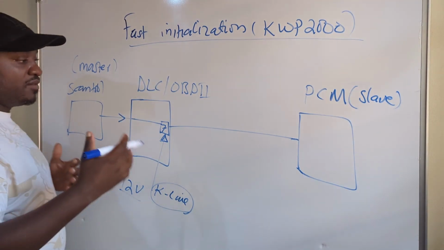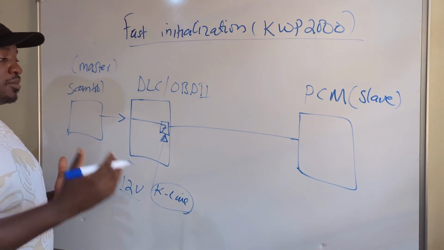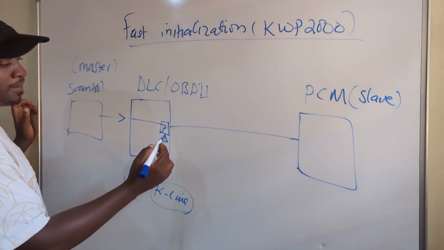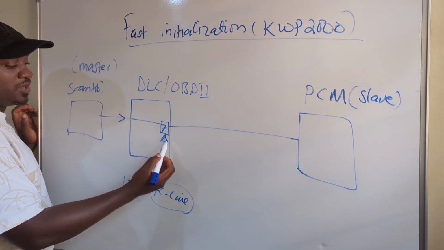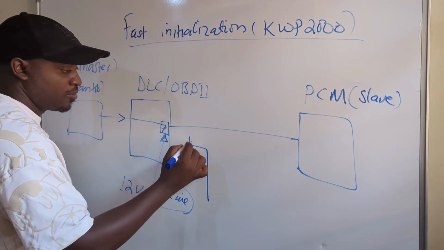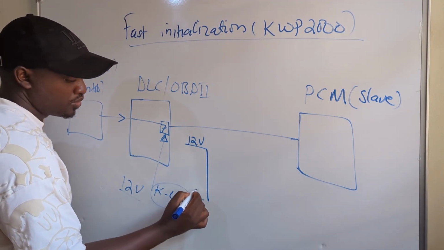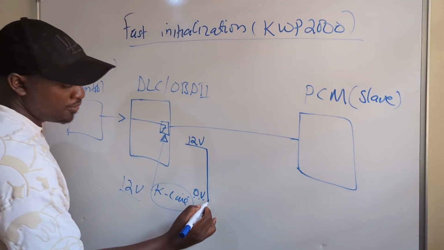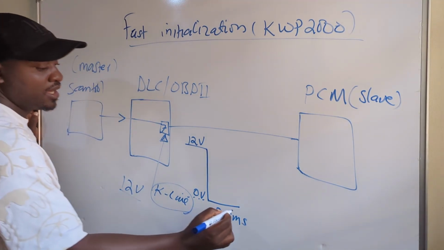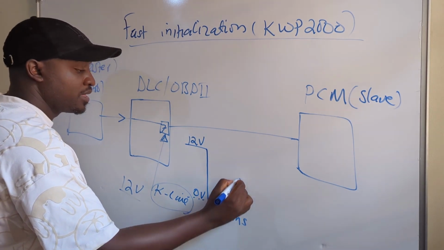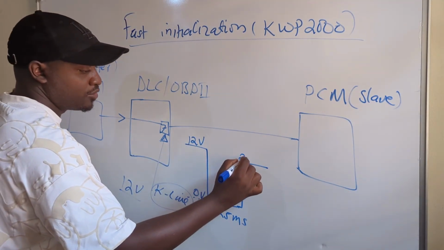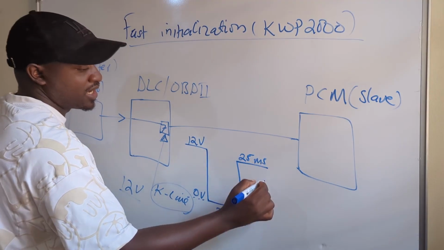What happens is, whenever we want to start communication or initialization between the scan tool and the PCM, the voltage level on this line, which is the K line, is going to be dropped from 12 volts to 0 volts for about 25 milliseconds, and then that voltage will be raised again to 12 volts for a period of 25 milliseconds.